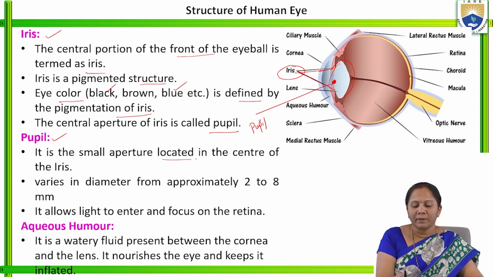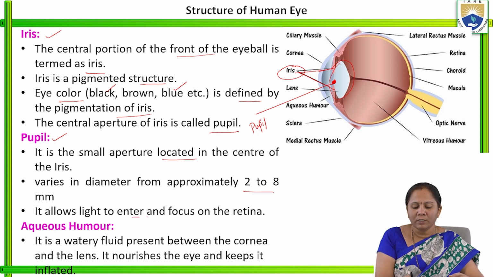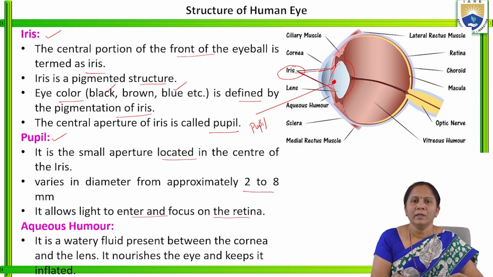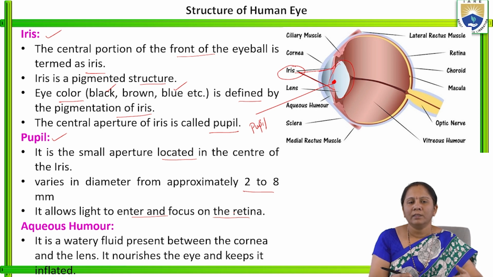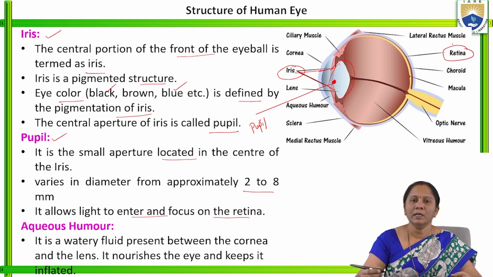It is a small aperture located in the center of the iris, and its diameter is approximately 2 to 8 millimeters. It allows light to enter and focus on the retina. The light enters through this small black hole at the center of the eye, and through the pupil it falls on the retina.